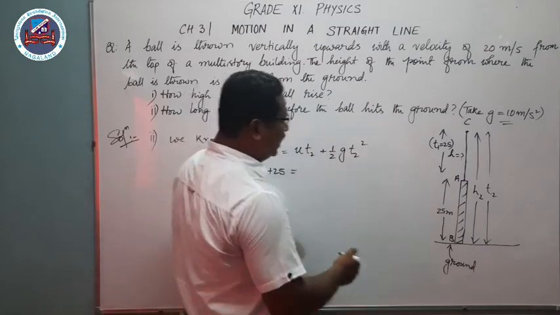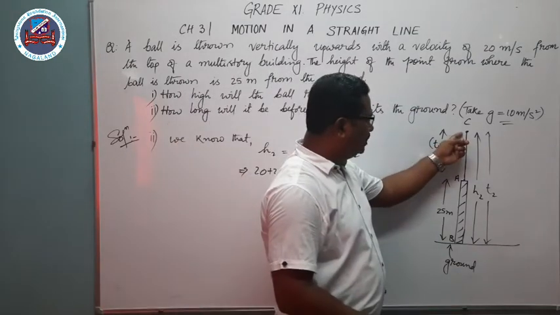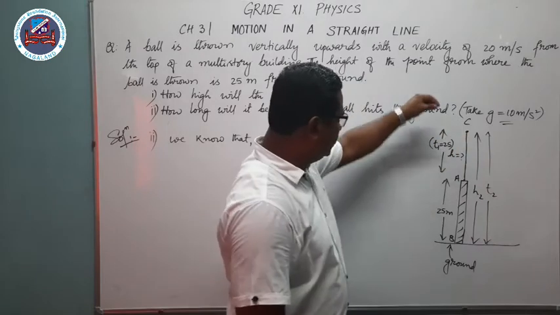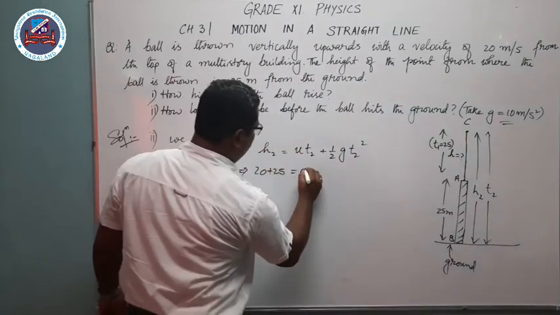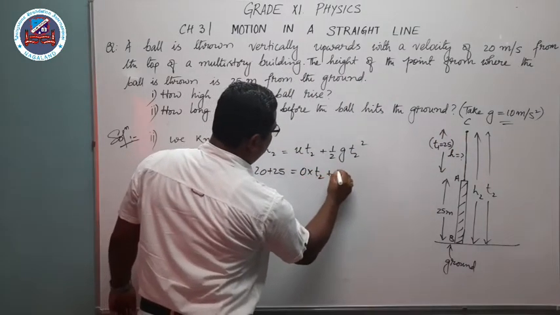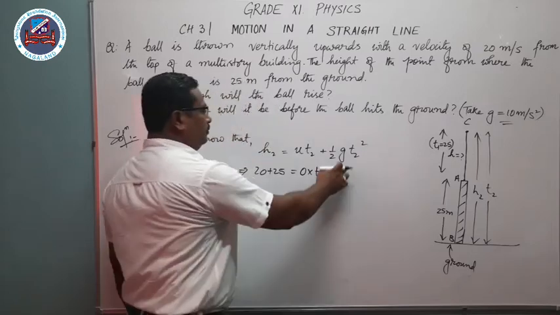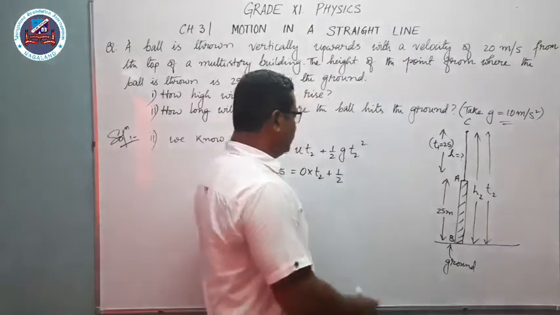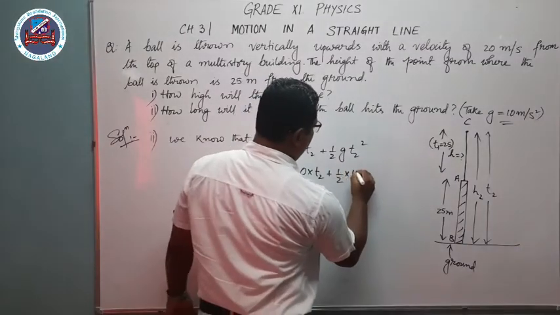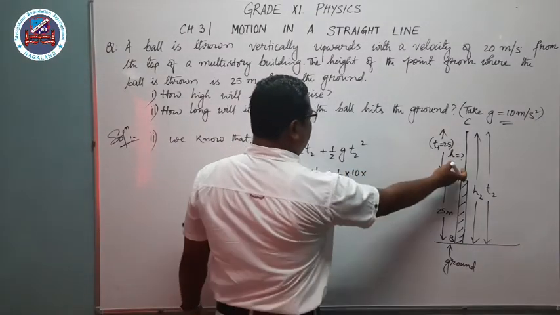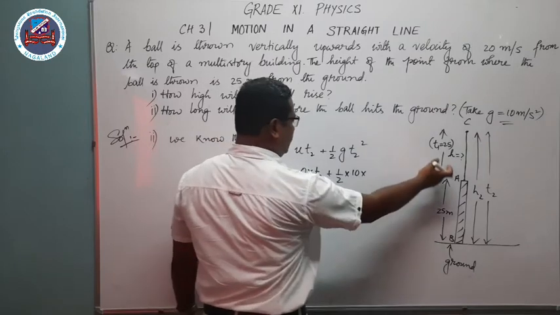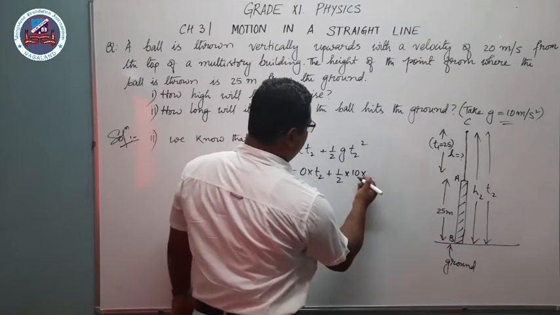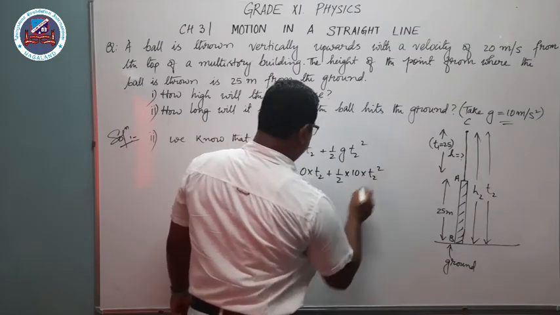U, now the earlier final velocity becomes the initial velocity. Now it will be 0 at the highest point. The velocity is 0 into T2, plus half of G value. As you come down towards the gravity, we'll take it as positive 10. If it goes up, we take G value as negative. If it comes down, we take it as positive, T2 square.